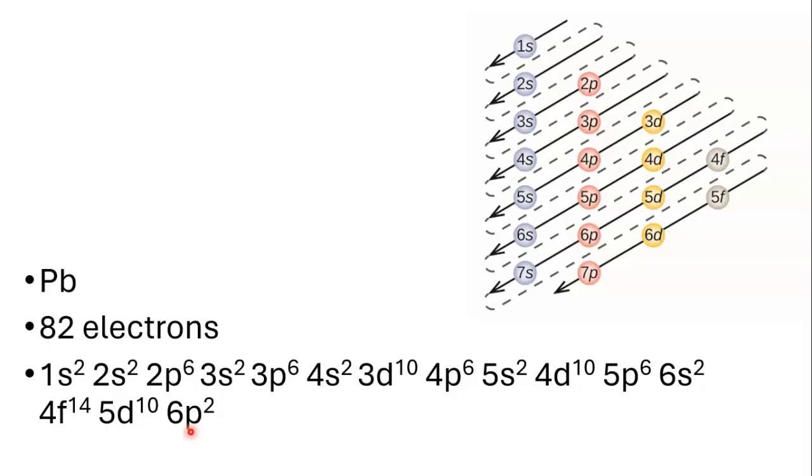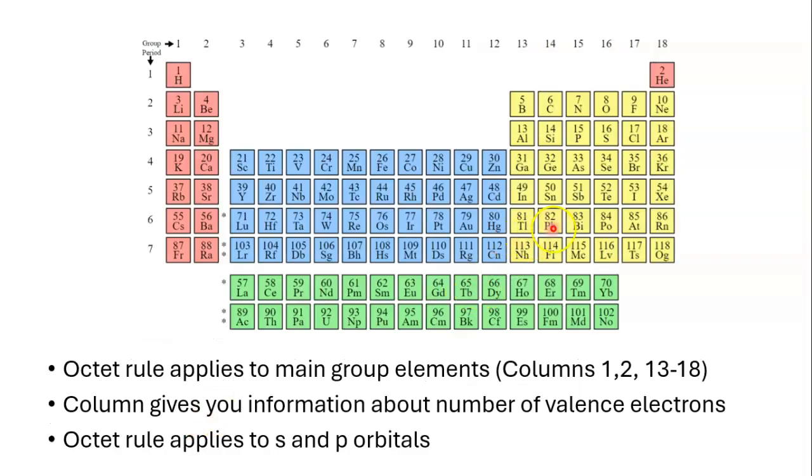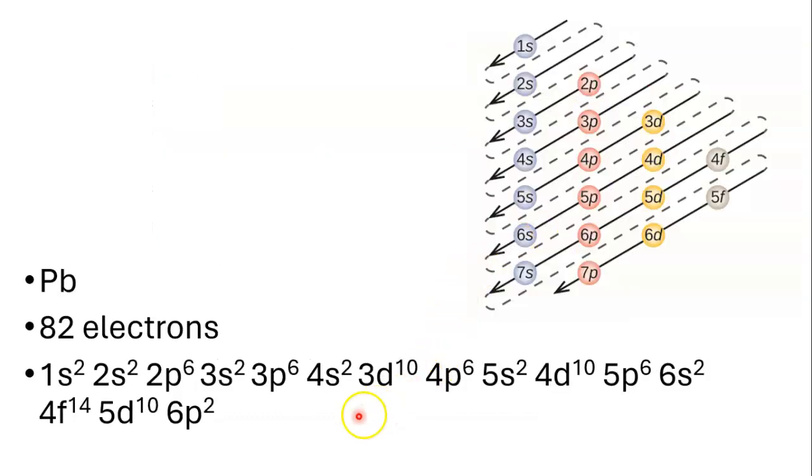So if we go back and look quickly at lead, we see that here's 1, 2, 3, 4. We would expect it to have 4 valence electrons. And again, if we look at the S and P orbitals, and in this case, this 6 energy level is kind of our outermost level.